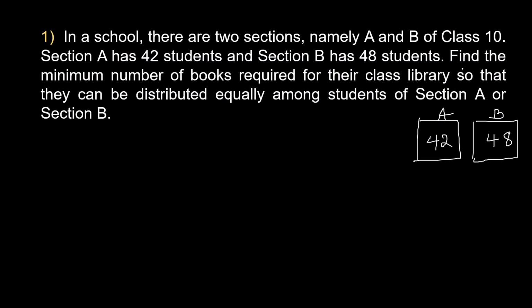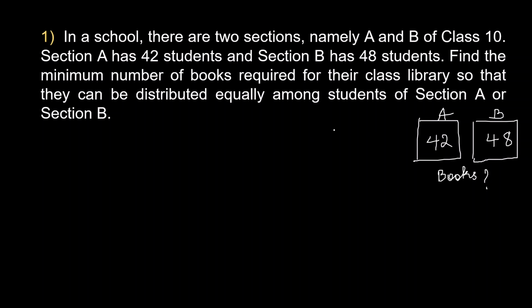So what are we told to find? Find the minimum number of books required for their class library. So we have to find the number of books for their class library so that they can be distributed equally among students of section A or section B.